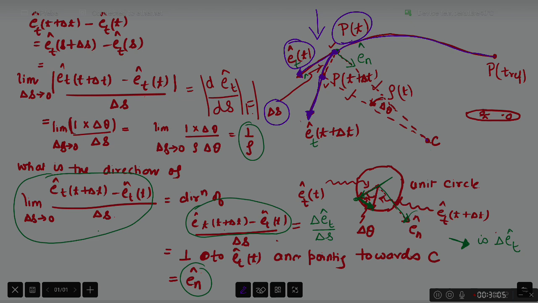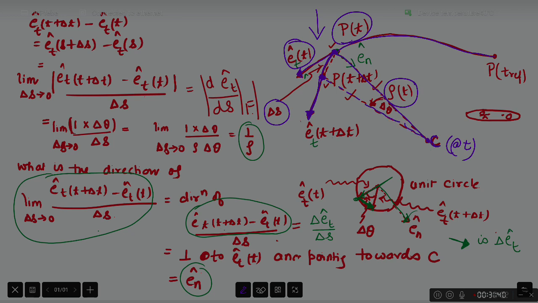Now this is the local center of curvature at time t, right? And thus this entire length must be the local radius of curvature at time t of the trajectory. Now if we connect C with the particle location at the next time instant, I get this line segment.